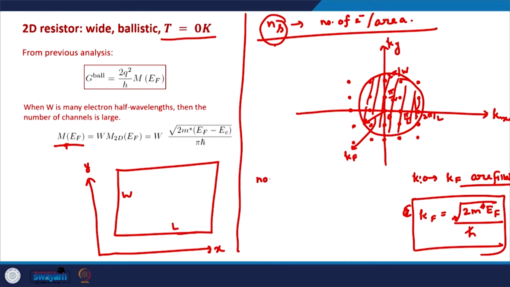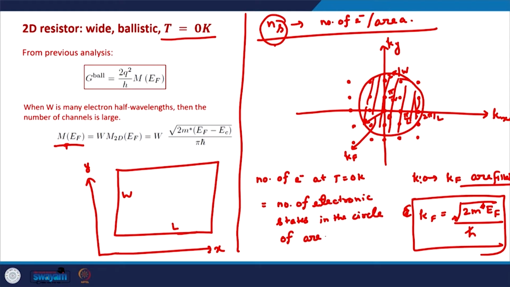The number of electrons, more precisely electronic states, at T equal to 0 Kelvin will be the number of electronic states in the circle of area covered by radius Kf.